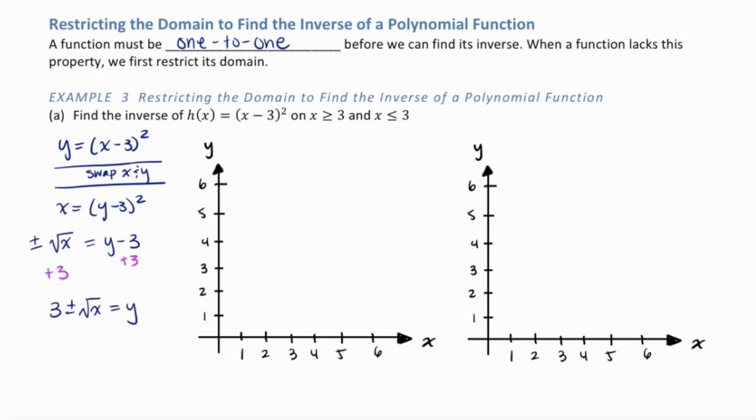So the graph of h of x is a parabola that is shifted to the right by 3 places. So I know my vertex will be here. I know I will have these symmetric points on either side of my parabola.